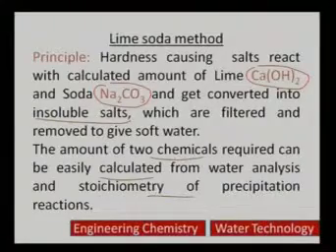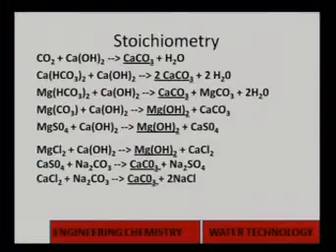So, to understand the principle of lime soda process very clearly, we need to understand all these stoichiometric reactions of precipitation. What happens when lime reacts with all these hardness causing salts? Let us see some stoichiometric chemical reactions.